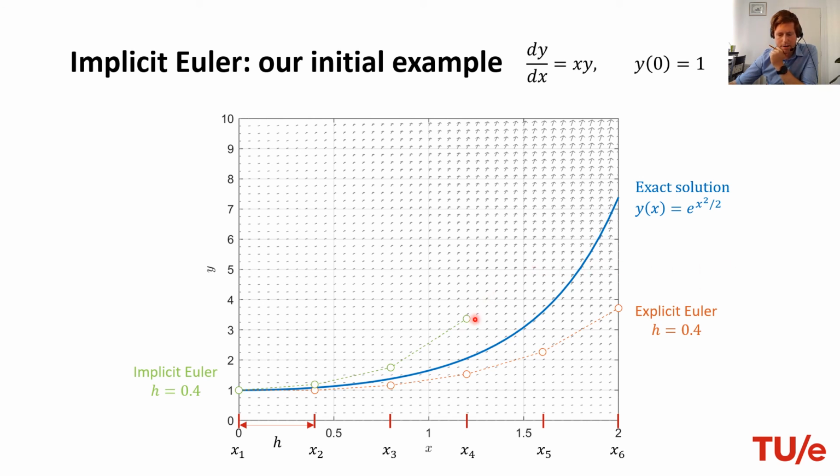Maybe here I can again try to draw this elusive line that we're trying to find. So here we have x is 1.2, so we go to 1.6, so that has to lie somewhere around this line.